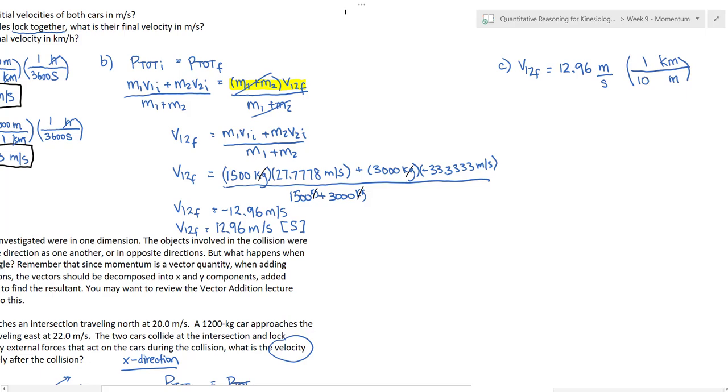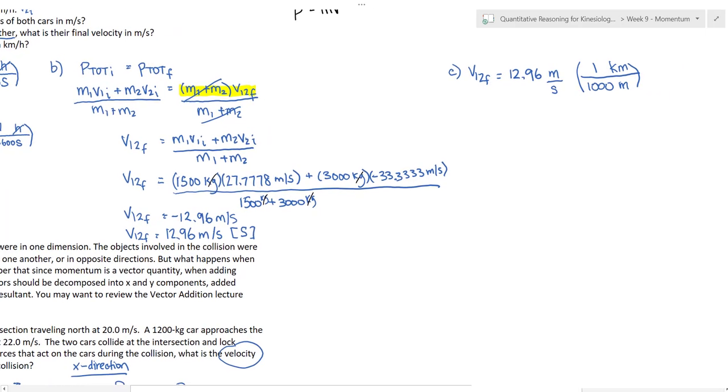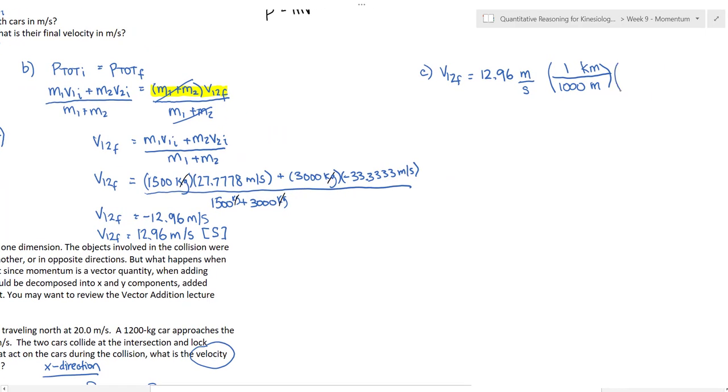1 kilometer is the same as 1,000 meters. We also need to change seconds to hours. So we're going to put seconds in the numerator, hours in the denominator. Write the equivalency. 1 hour is the same as 3,600 seconds. And now we can just type this up on our calculator. So I'm just entering 12.96 times 3,600 divided by 1,000.